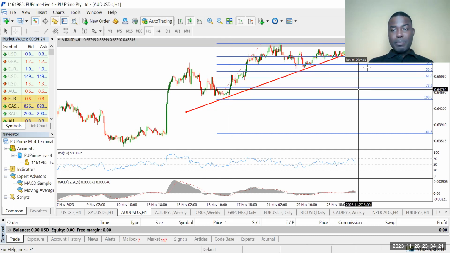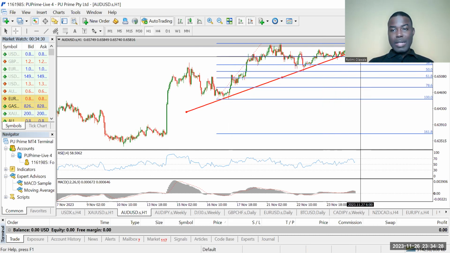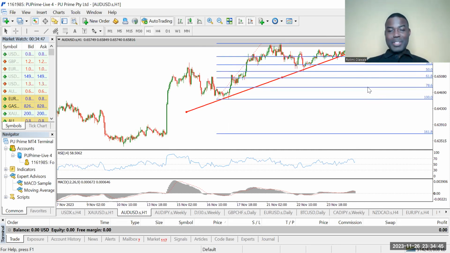So I anticipate price to break out below Fibonacci 23.6 and target Fibonacci 38.2, 50, 61.8, and possibly if the volatility is quite strong, price might progress to Fibonacci 78.6. So that's it on AUDUSD, a bearish bias.